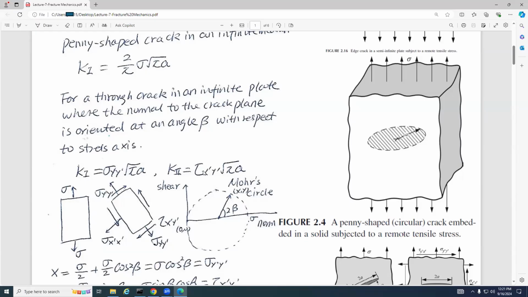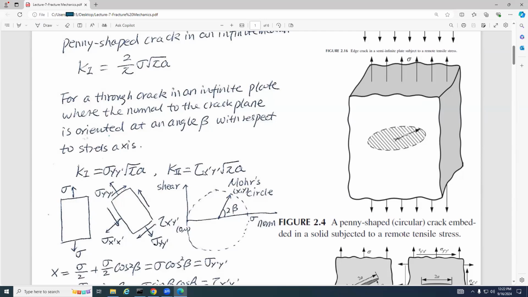You can imagine mode 2 as sliding. Look at it here. For this sigma, we can do the stress transformation. So this is x, this is y, and you have the sigma tensor.